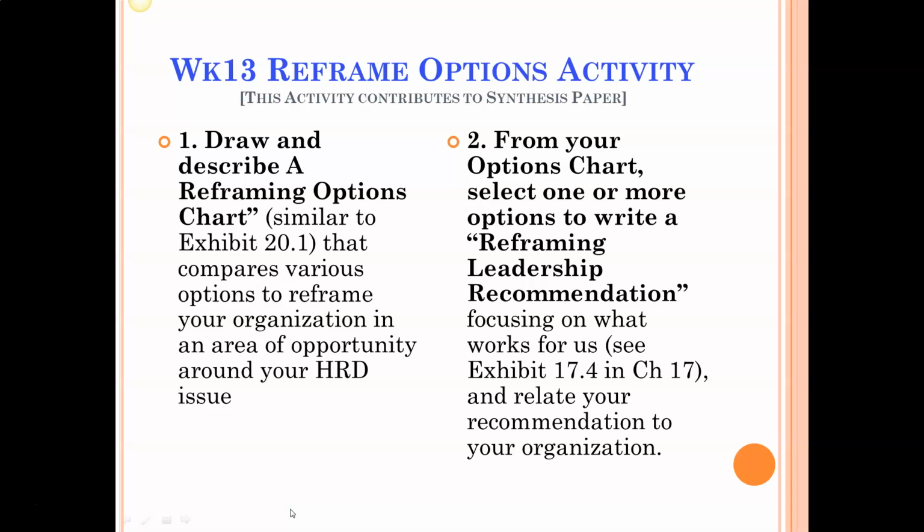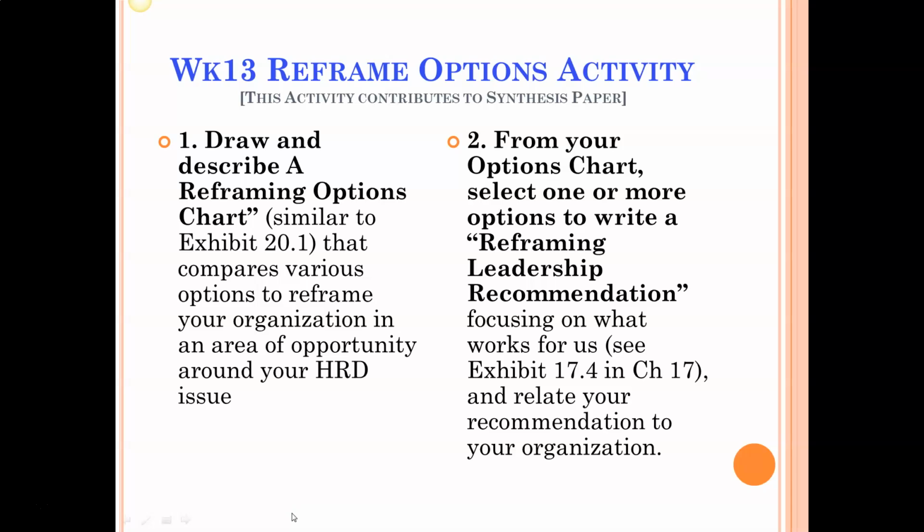To understand that more fully, we've got an activity this week that's going to be looking at all of the 4 frames, along with your HRD issue, and looking at the options for reframing through the lens of each of the 4 frames.